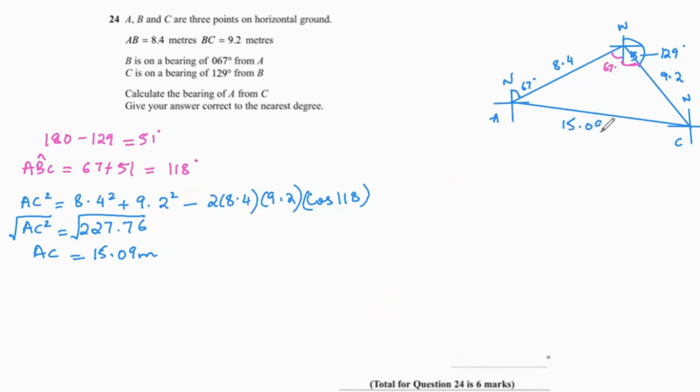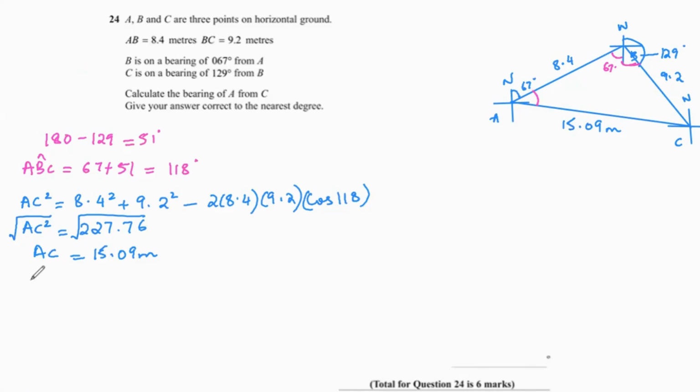So this is your length of AC. So using the sine rule, I'm going to calculate this angle over here, because once we have this angle above the line, the angle would be the same as below the line because they're alternate. So I'm going to use this angle to figure out the entire bearing of C from A first, and then use that to find the other bearing.